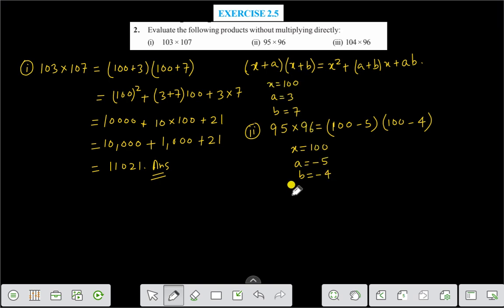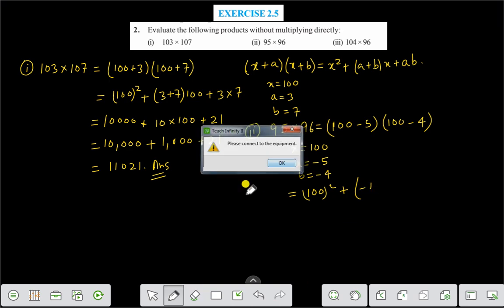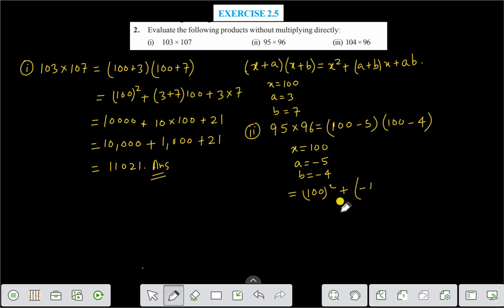Then we are getting x square, that is 100 square, plus (a plus b)x, that is (minus 5 minus 4), x is 100, plus ab, minus 5 into minus 4.